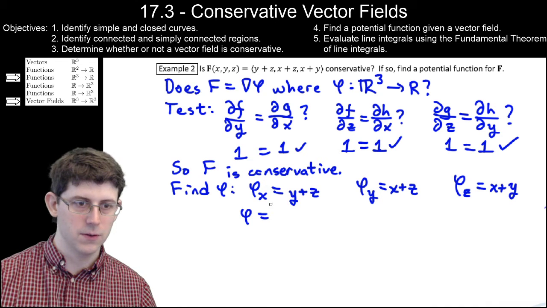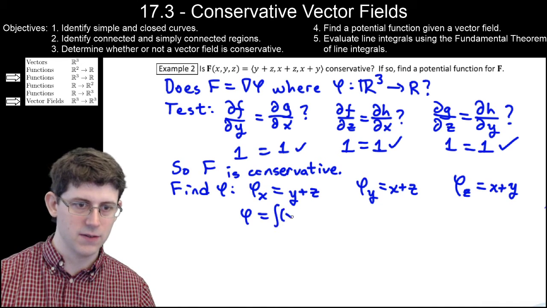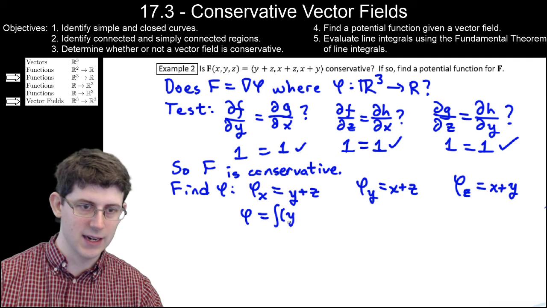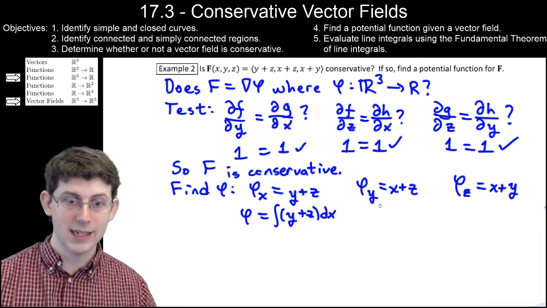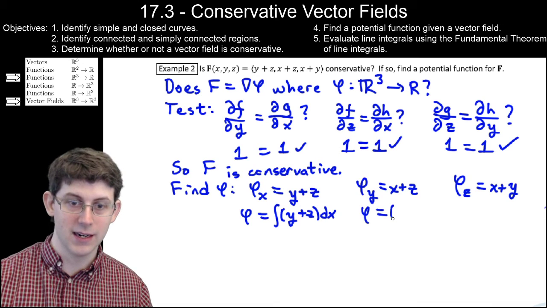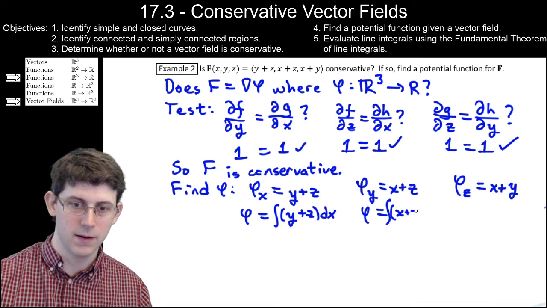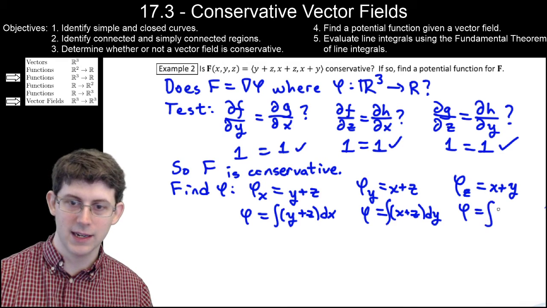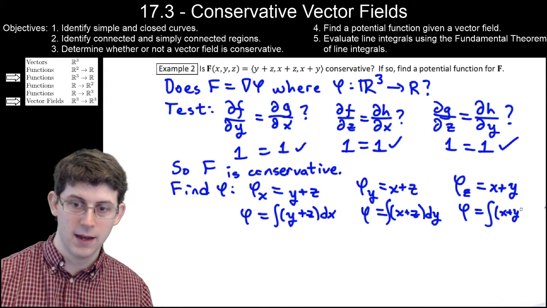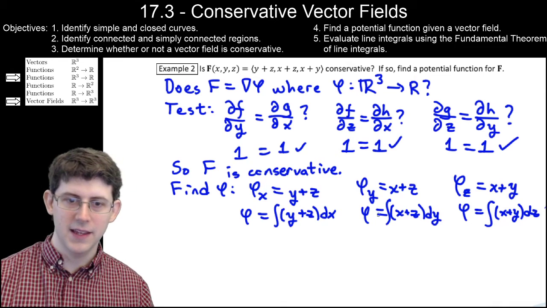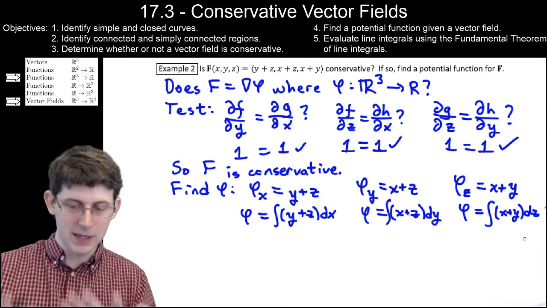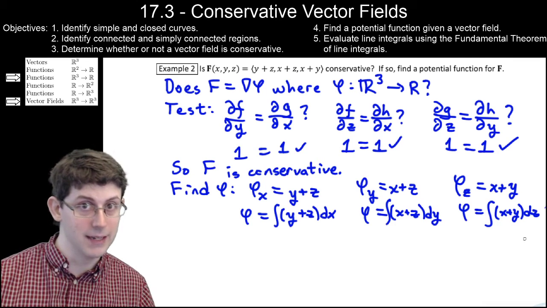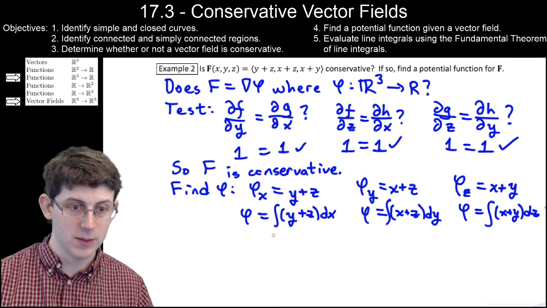So if you look in the x slot, you can figure out what's going on by integrating with respect to x. If you look in the y slot, you can find what's going on by integrating with respect to y. And if you look in the z slot, you can integrate with respect to z. And these answers will all be different, but you'll be able to find the pieces that overlap, and they will agree. So let's do the x integral.